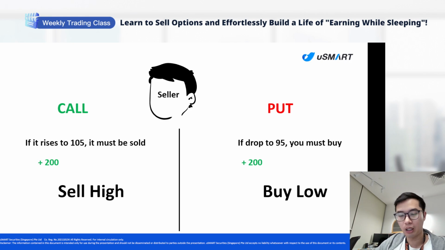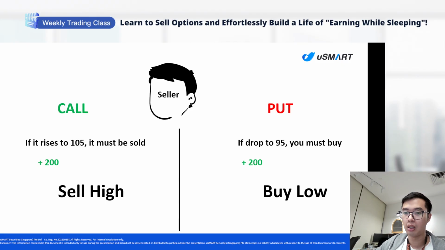So again, as a summary, for a sell call, if it rises above 105, which is the strike price of the call option, you must sell, and you get the $200 premium. You sell high, which is taking profits.